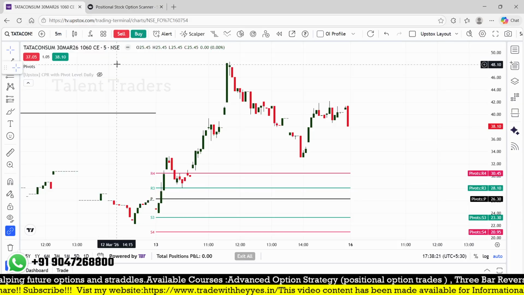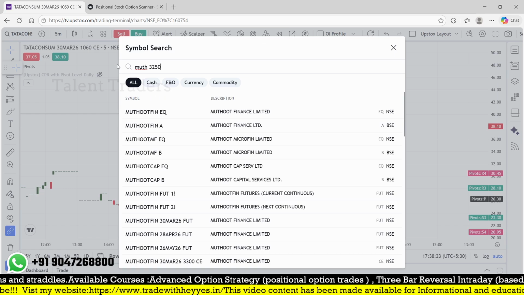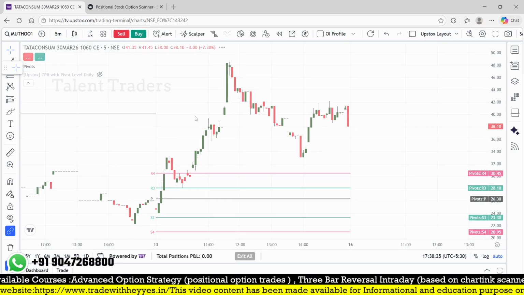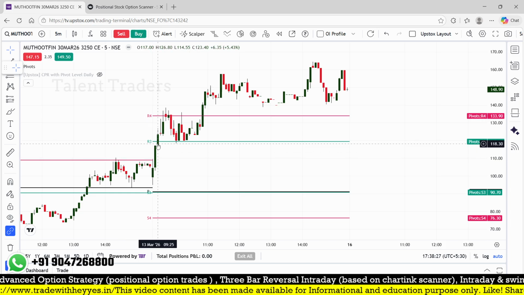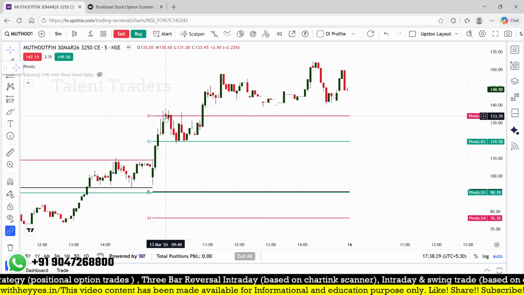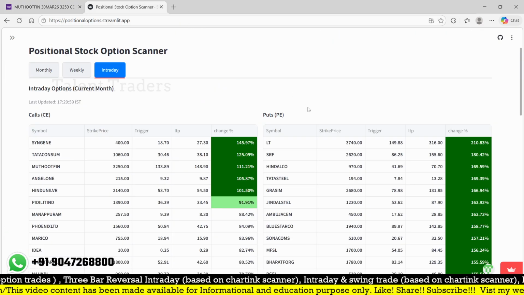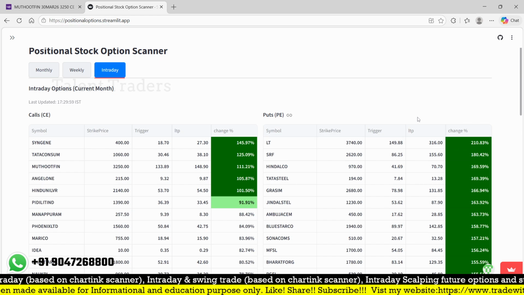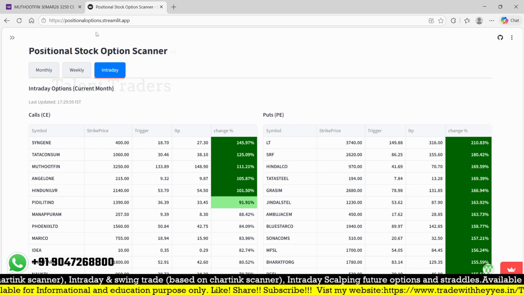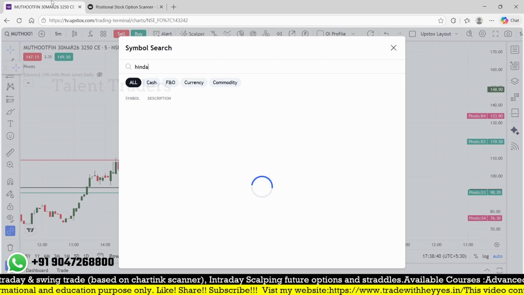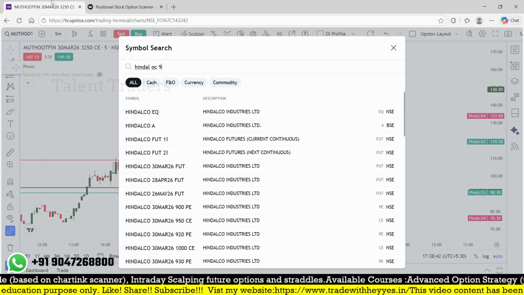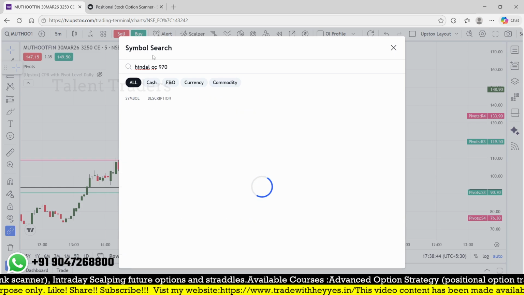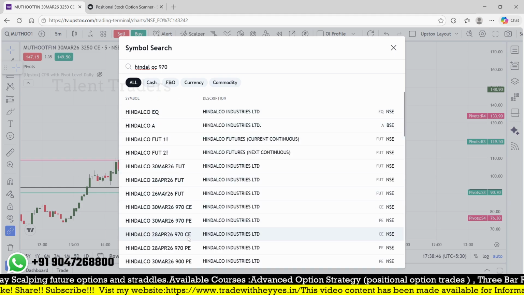And Muthoot Finance 3250 call option here also. The first 3-5 minute candle is less than the R4. Here is the R4 breakout, and after that it moves. Yesterday the market was entirely down, so we may find a lot of opportunities. Let me randomly pick Intellect 970, here it's the put side.